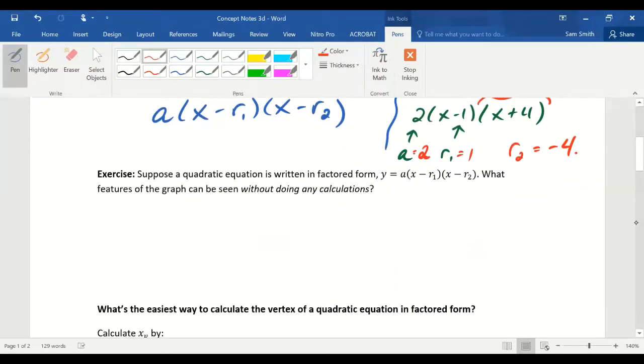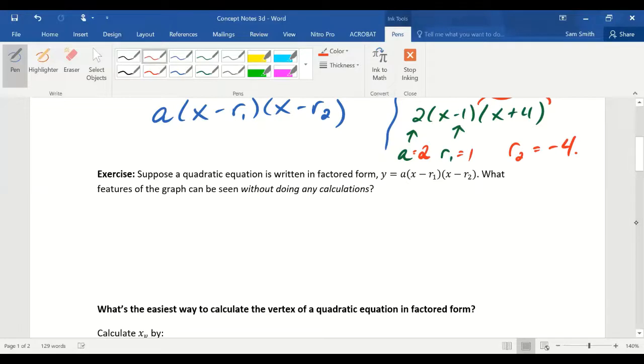Now, just like standard form, factored form has its own unique advantages. When we had standard form, there were two graphical features that we could see without doing any calculations whatsoever. For standard form, we could tell whether the parabola opened up or down, and we could see what the y-intercept was.